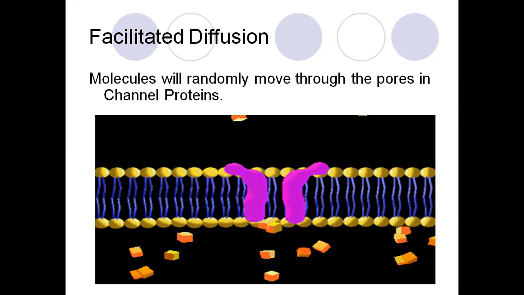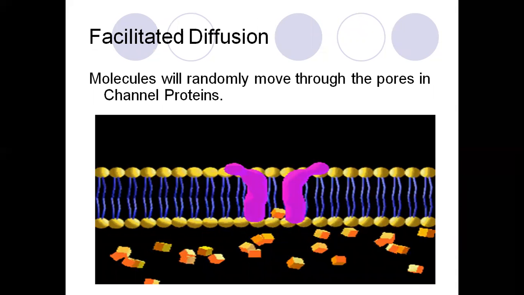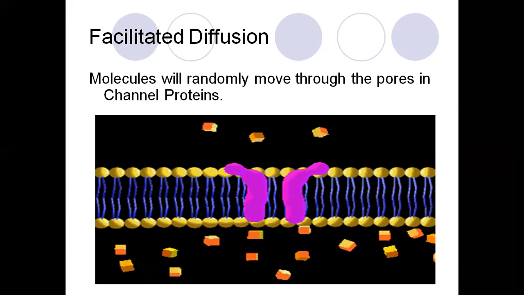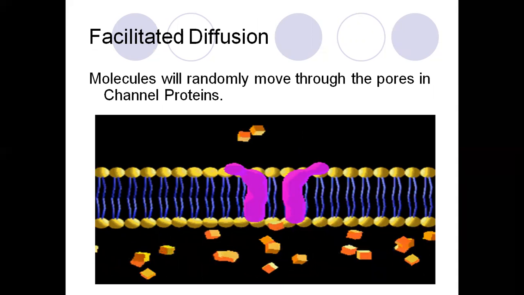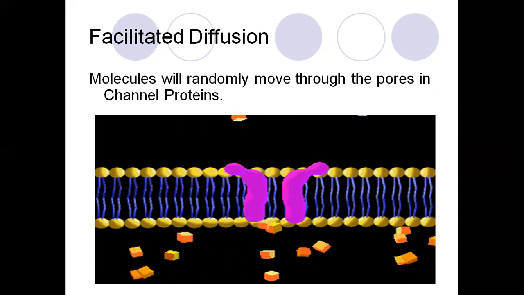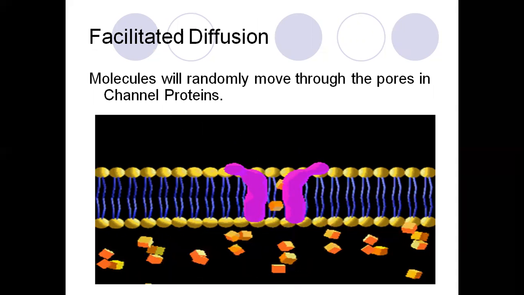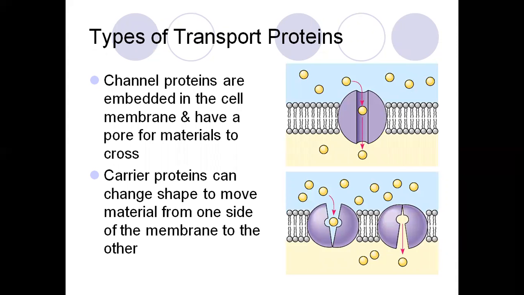So the channel protein has a pore or channel to let molecules move randomly from outside to inside. Channel proteins are embedded in the cell membrane and have pores for material to cross.